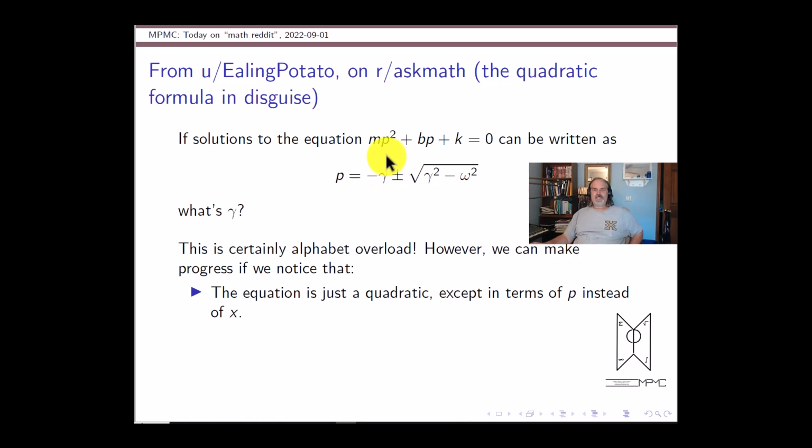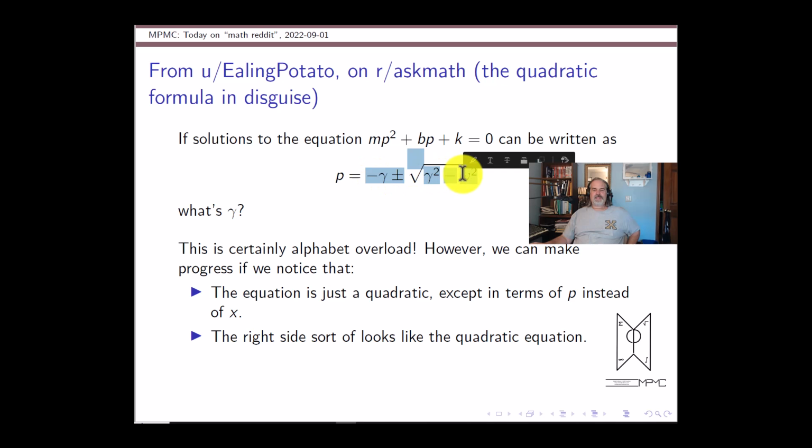The comfort here is that this is just a quadratic equation. If you're at the point where you can say, oh, good, it's just a quadratic equation, that's easy, that's good news. It's in terms of a variable p instead of x, but that shouldn't throw you for a loop. The right side of this template looks like it came out of the quadratic formula.